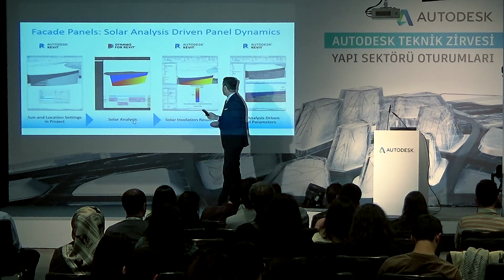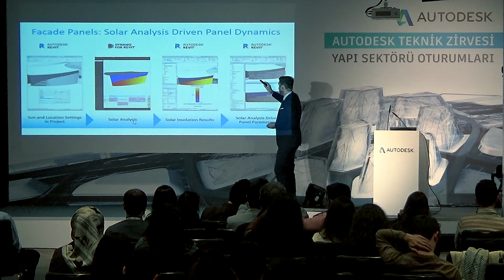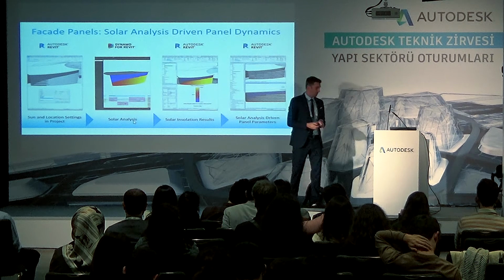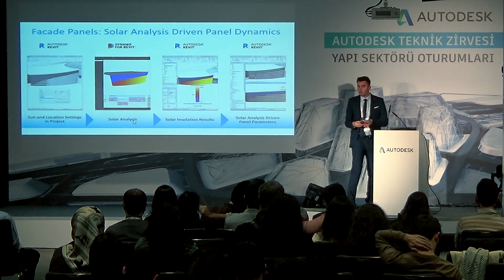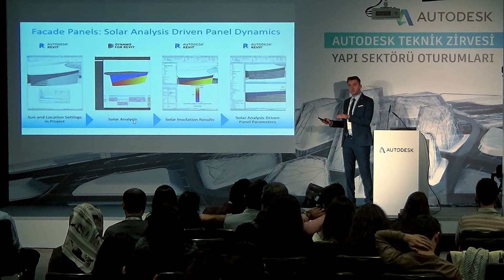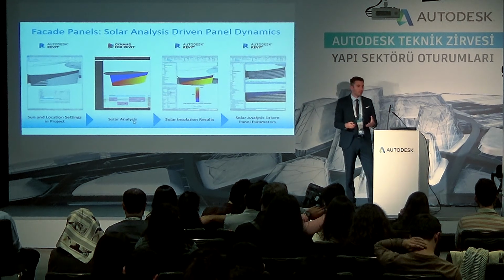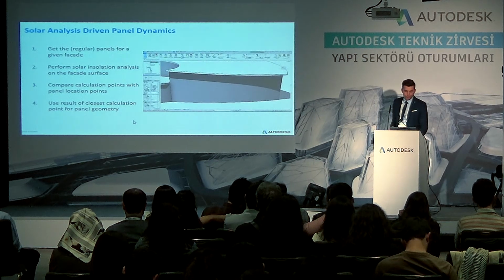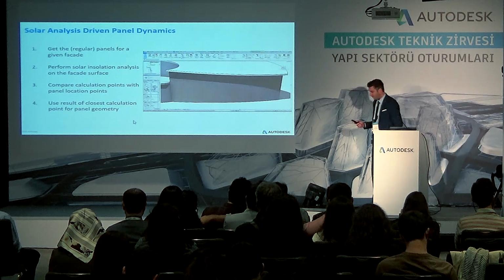Those values can be mapped on the facade opening. So basically, we are using external influence to drive the design. This is what we can also do using the power of computational design. So these are the steps.